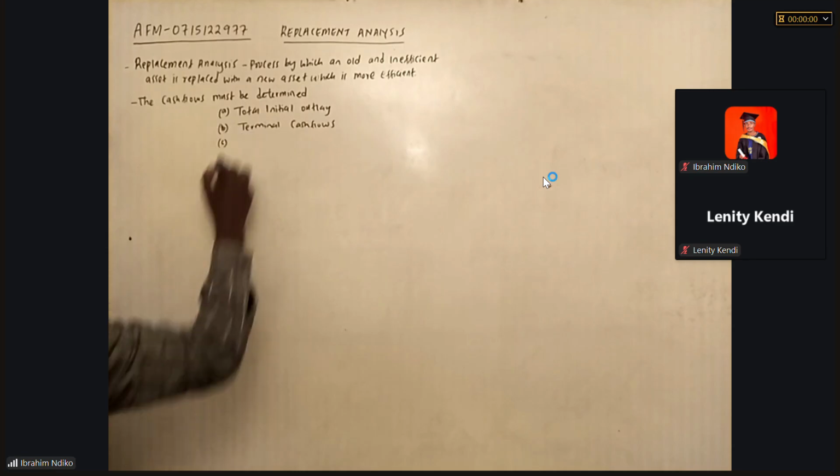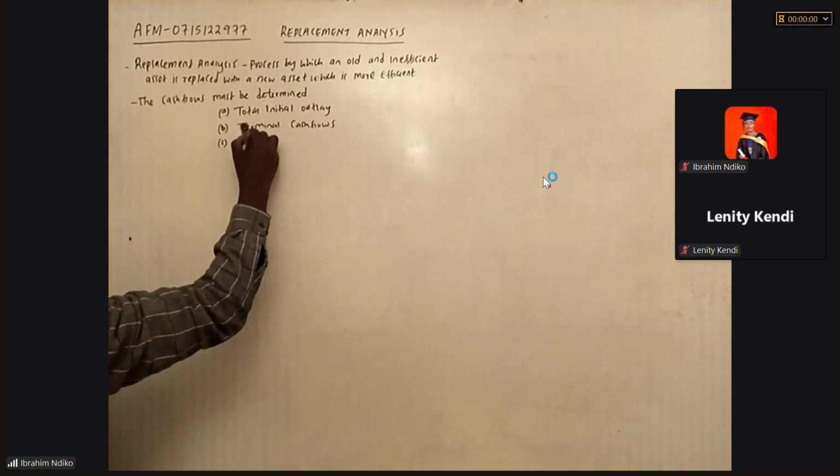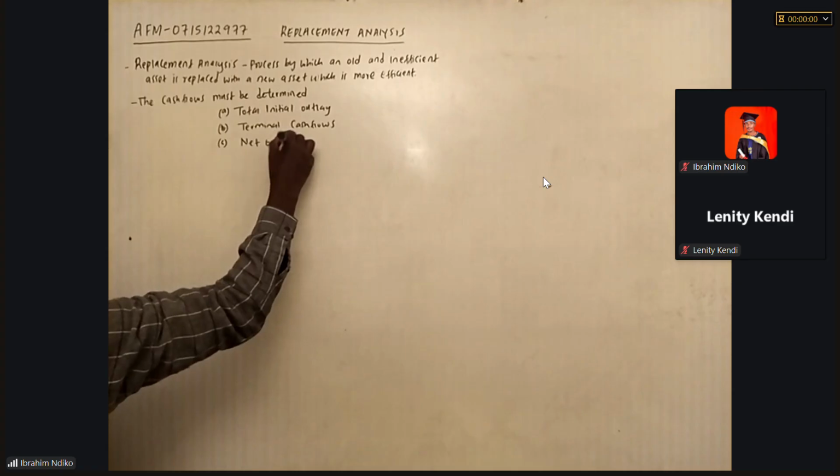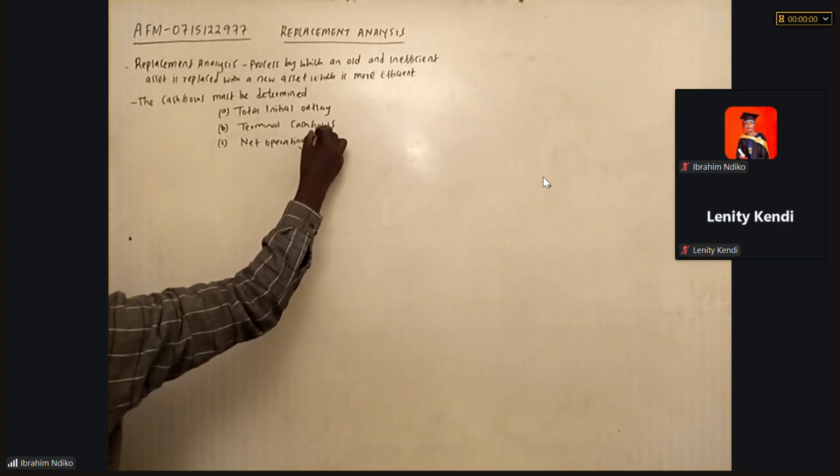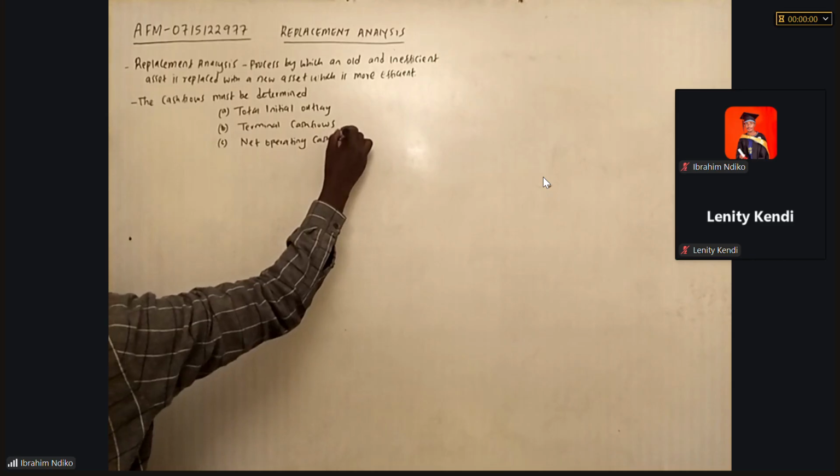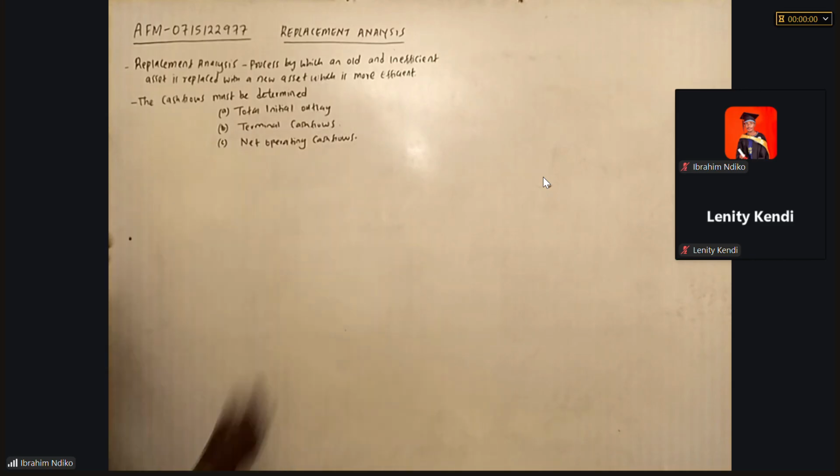Number three, net operating cash flows. Those three items, you must know how to determine them: the total initial outlay, the terminal cash flow, and the net operating cash flows.